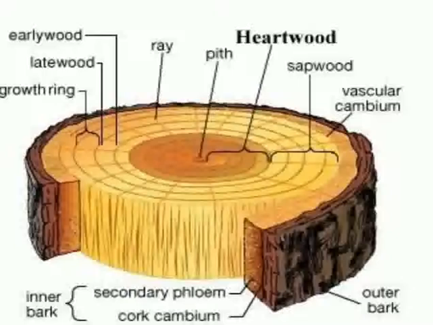The cells cut off towards the pith mature into secondary xylem, and the cells cut off towards the periphery mature into secondary phloem. The cambium is generally more active on the inner side than on the outer side. As a result, the amount of secondary xylem produced is more than the secondary phloem and soon forms a compact mass.